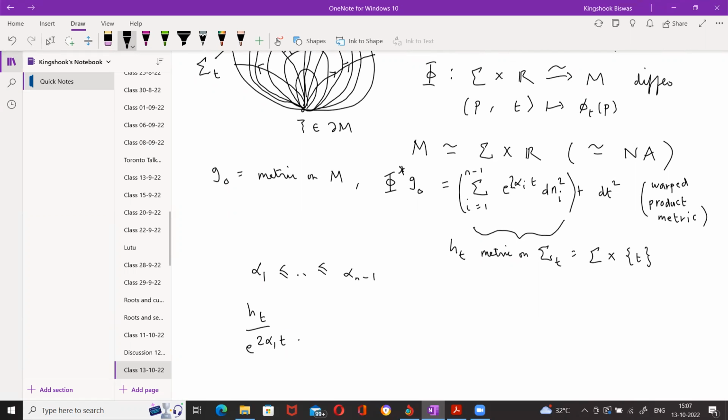Then the directions that grow like e to the alpha_1 t stay finite, but the other directions go to infinity. So in the limit this converges to h, which is what's called a sub-Riemannian metric.